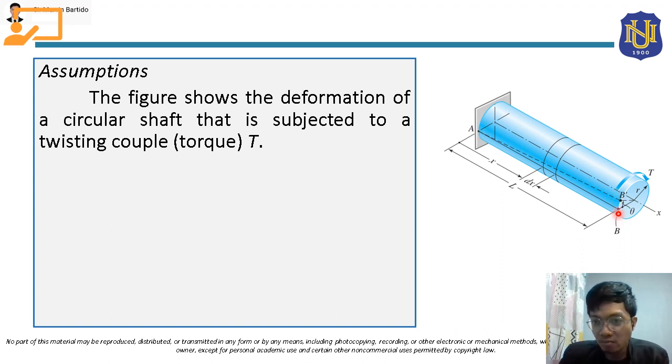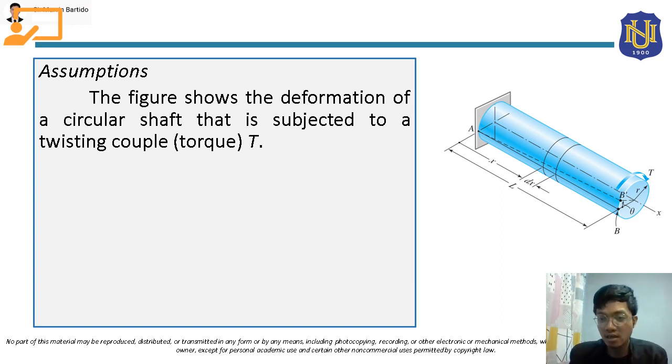From point B it will rotate and be displaced to this position, B prime. The angle from point B to B prime will be the angle theta, and this angle theta will be the angle of twist. So that's the deformation that will happen in a circular shaft after application of torque T.